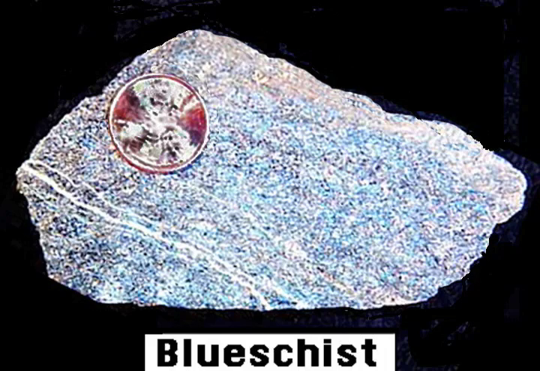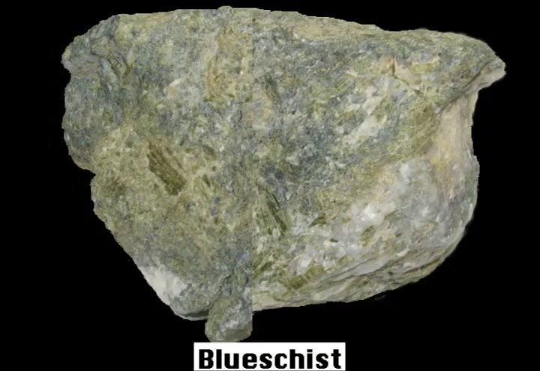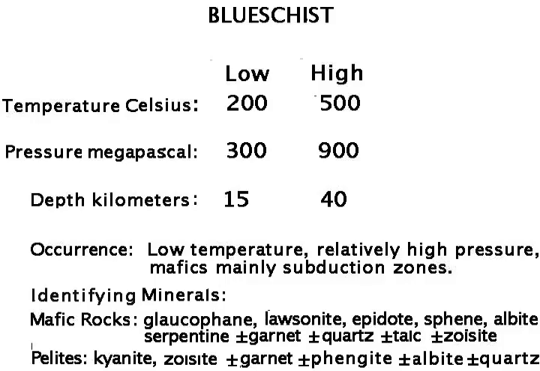The blueschist component of the Franciscan suite is formed in subduction zones at depths of 15 to 30 kilometers. This produces glaucophane, the blue-green mineral, in basalts, but in the pelites of the continental crust, kyanite, albite, quartz, and garnet are characteristic.